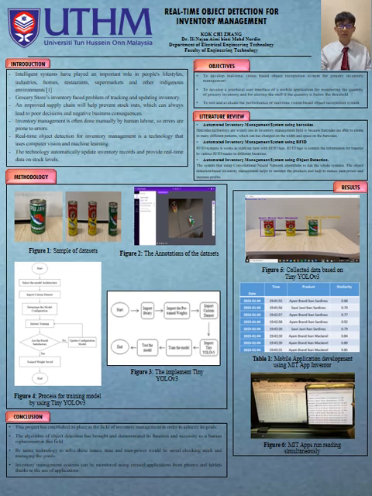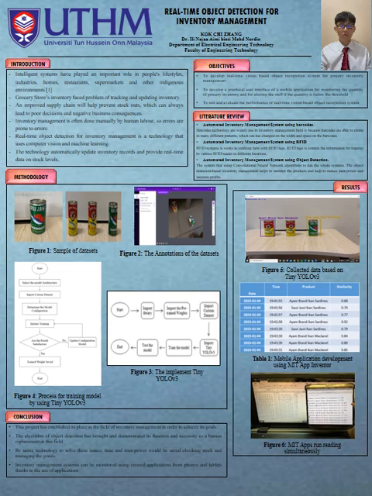There are three objectives in this project. The first is to develop a real-time vision-based object recognition system for grocery inventory management, to utilize computer vision and machine learning techniques to automatically detect and identify objects within an inventory.